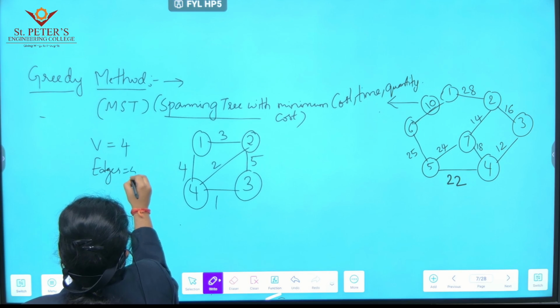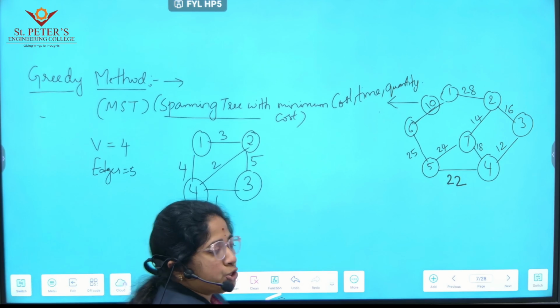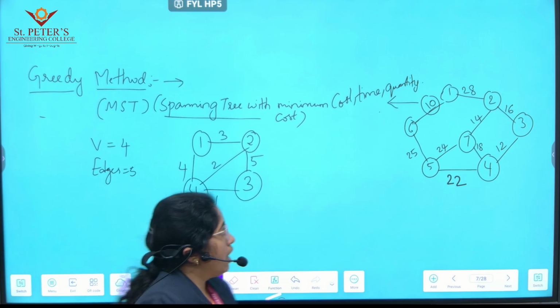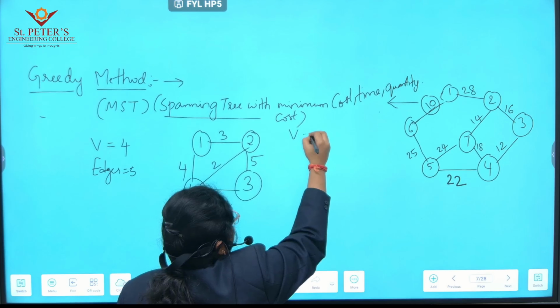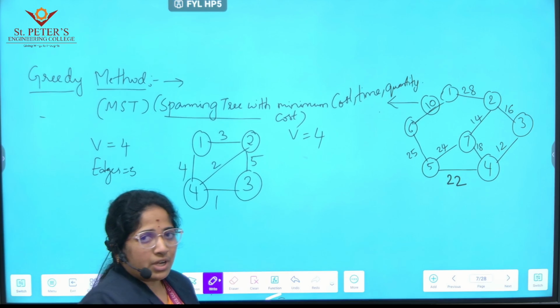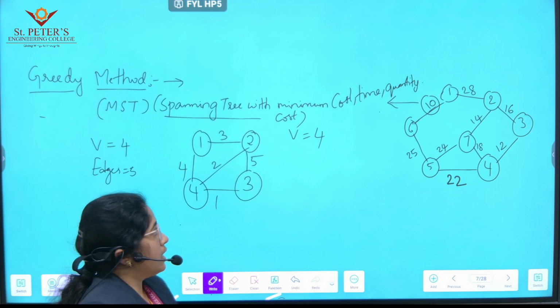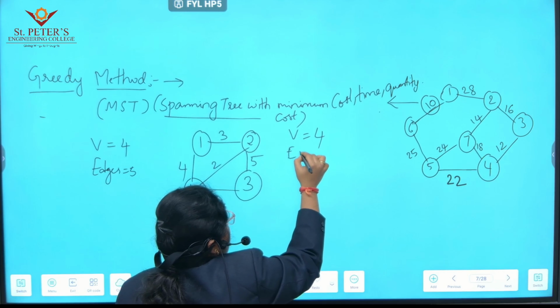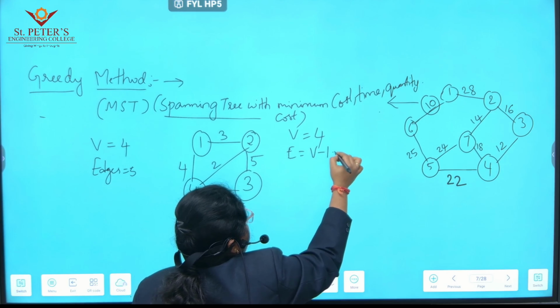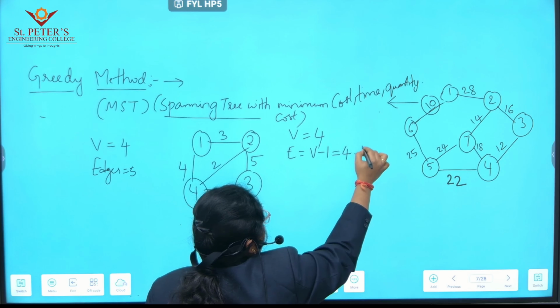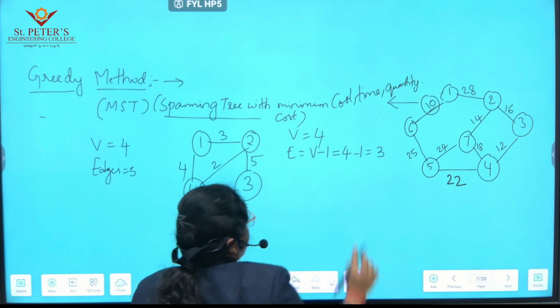But the condition to draw a spanning tree is that we need to consider all the vertices, but the edges should be V minus 1, nothing but 4 minus 1 equals 3.